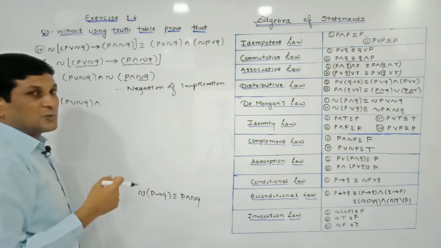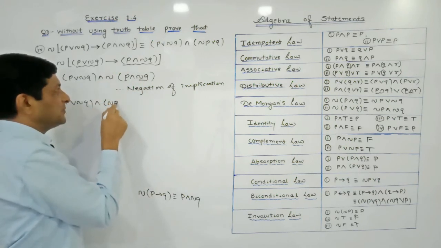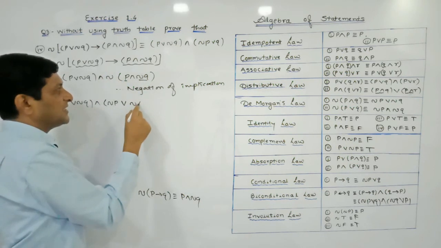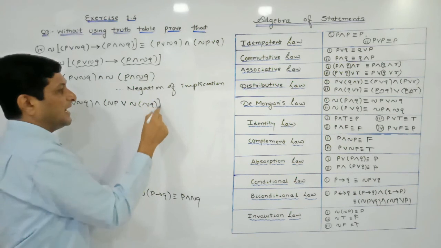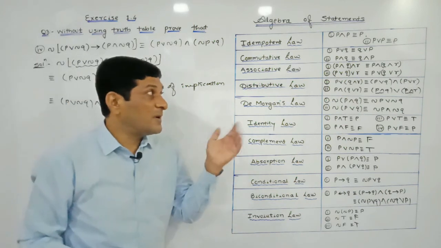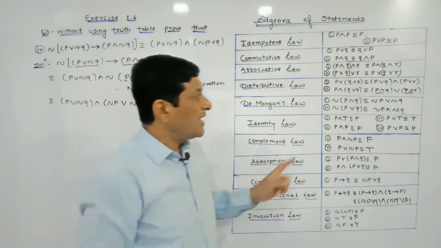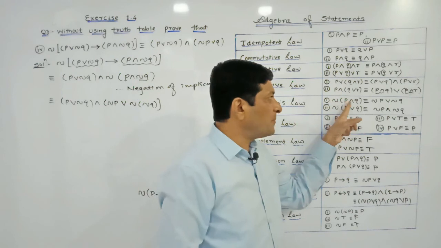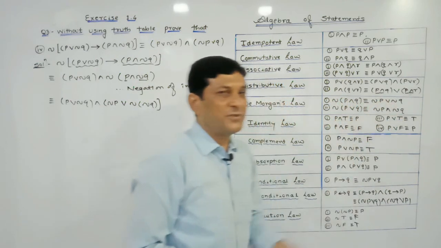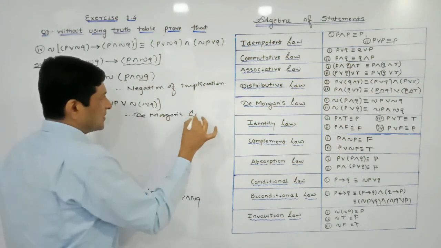According to the rules of negation, the first term is negation P, AND will get replaced by OR, and then we get negation of negation Q. And here we are applying De Morgan's law, which is called negation of conjunction or De Morgan's law. According to De Morgan's law, negation of P and Q is negation P, AND gets replaced by OR, and negation of Q. So here we have applied De Morgan's law.